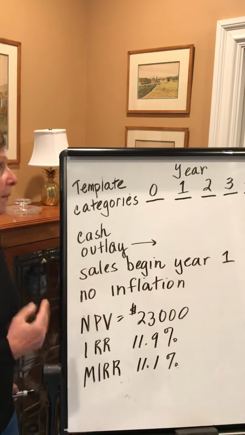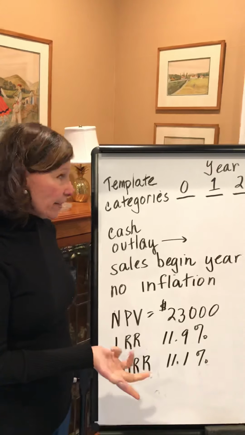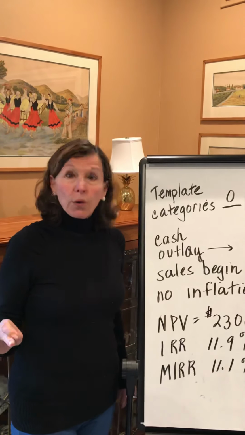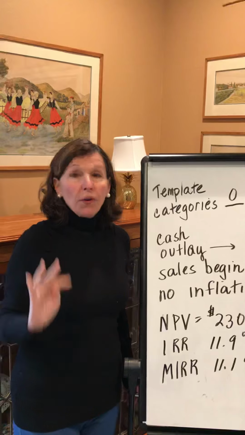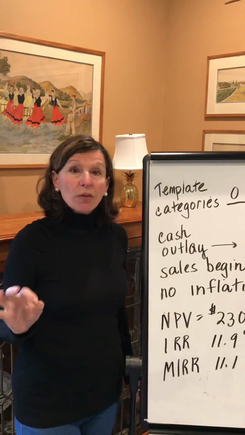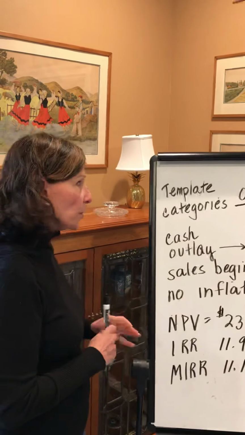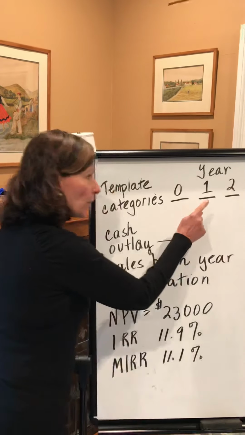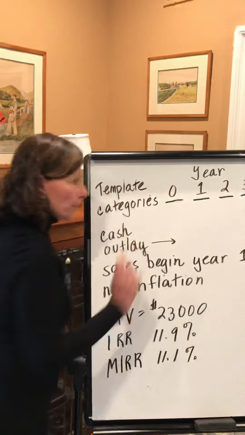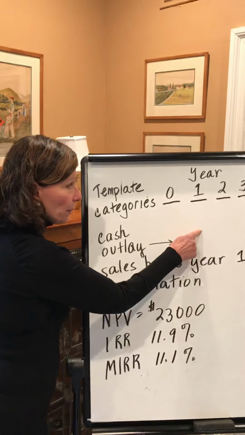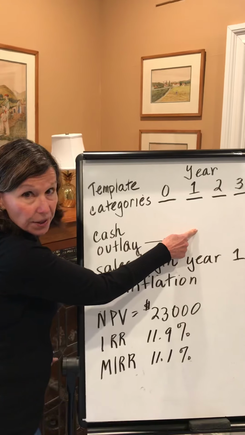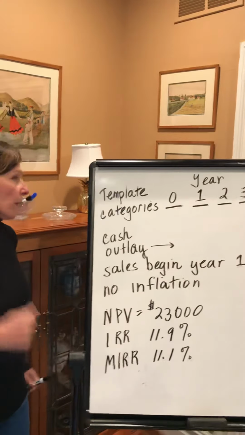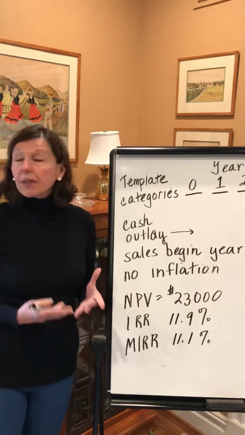For the homework that was due yesterday, the sales stayed the same for all 4 years. The costs stay the same for all 4 years. So you're going to have your sales each year, your cost of goods sold each year, your depreciation using the percentages, and the cost of the lost sales.